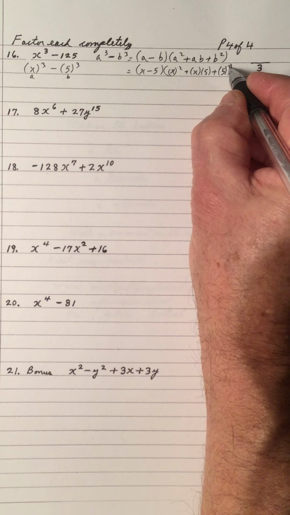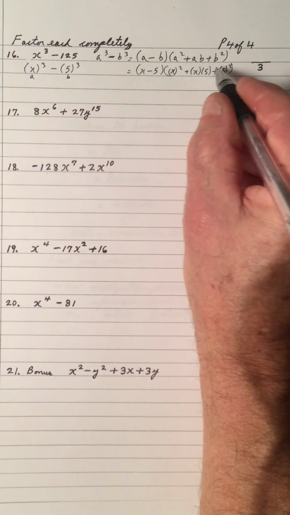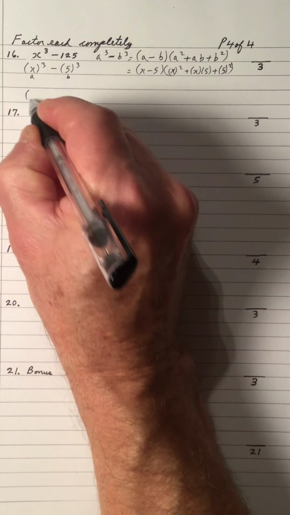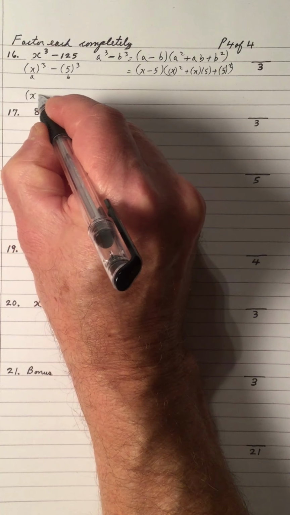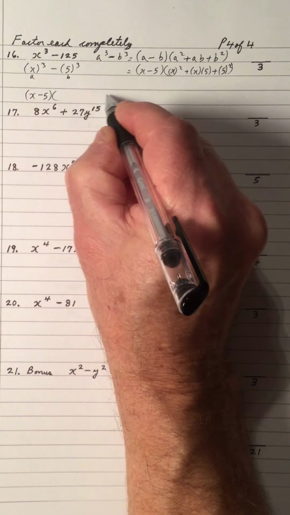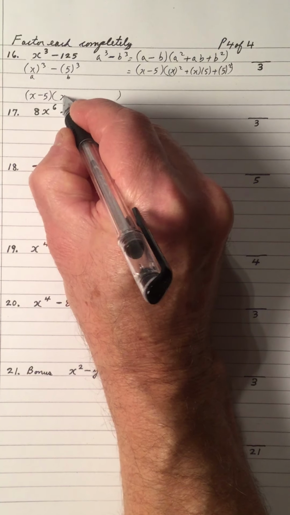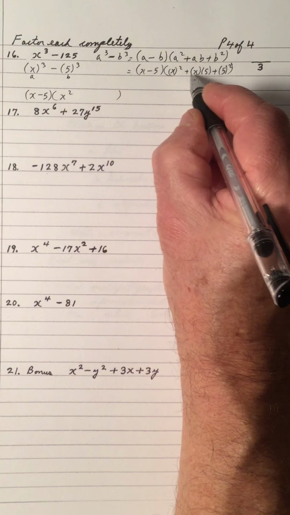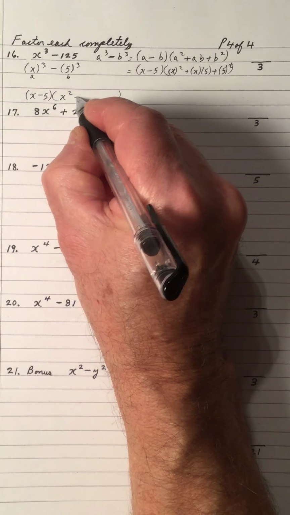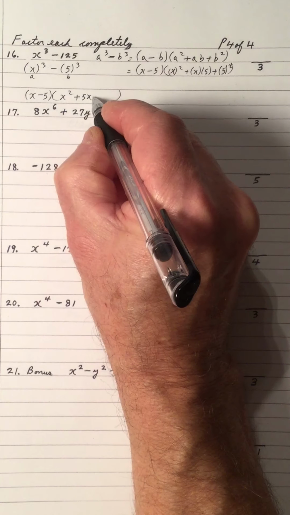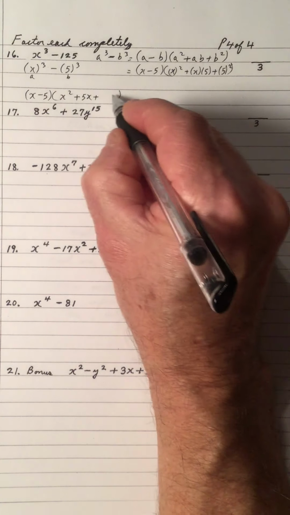So I subbed x in the place of a, 5 in the place of b, and when you work all that out, you get x minus 5, and x squared is just x times x, and x times 5 is a plus 5x, and you get positive, and 5 squared is 25.